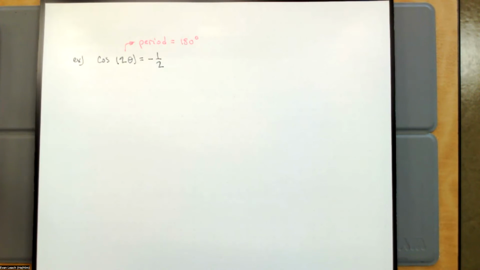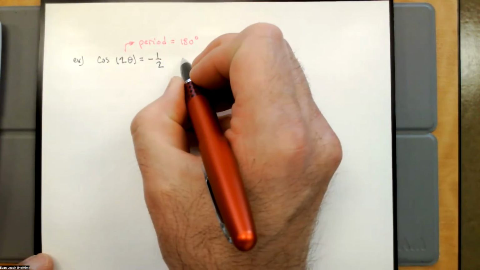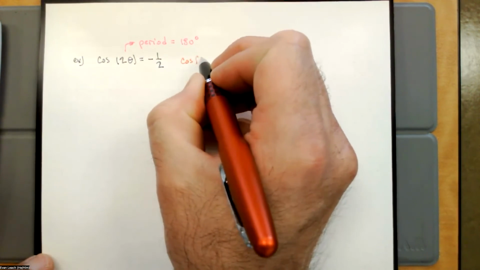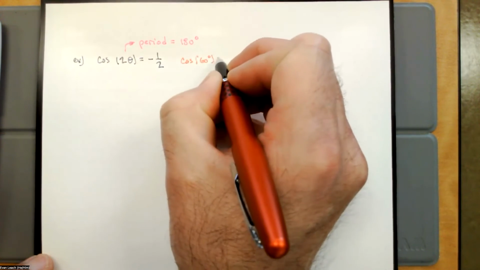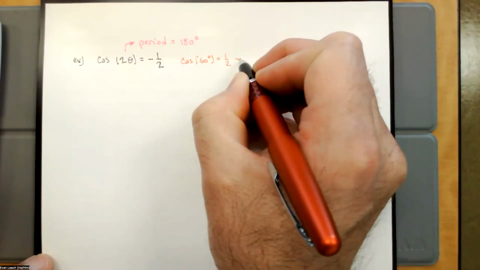But it shows up in another place. When we get the reference angle, it's not going to be the reference angle for theta. It's going to be the reference angle for 2 theta. We're just trying to figure out what the angle is first. So we know that cosine of 60 degrees is equal to 1/2.